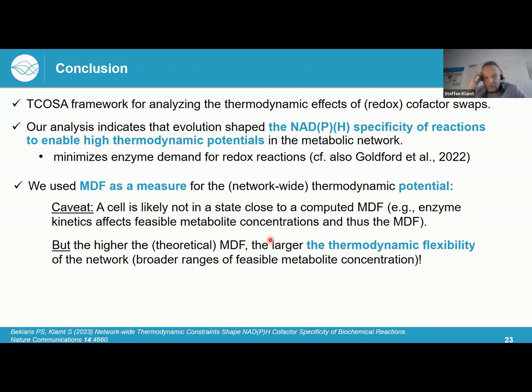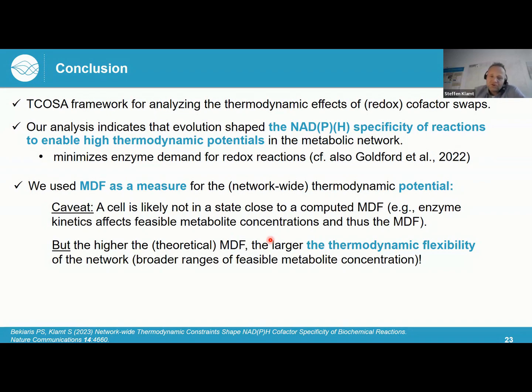We used the MDF or sub-MDF as a measure for the network-wide thermodynamic potential. Here you can raise a caveat, because it is very likely that the cell is not in a state close to the computed MDF or sub-MDF value. The reason is that, for example, enzyme kinetics will affect the feasible metabolite concentrations in the network, but enzyme kinetics has not been considered in this framework.